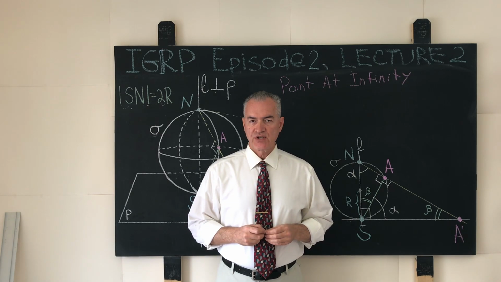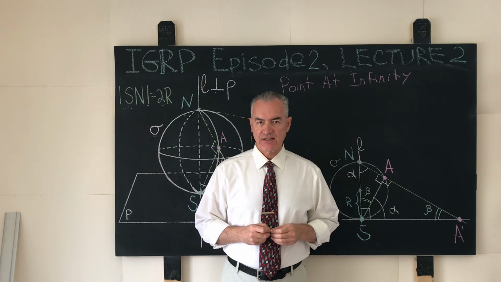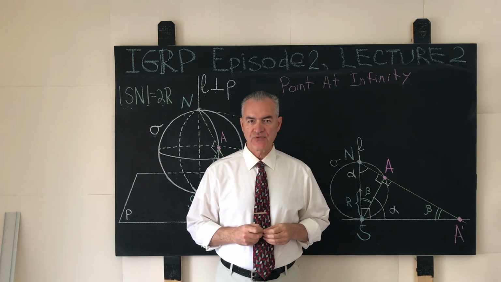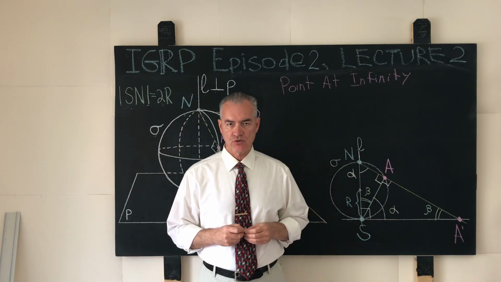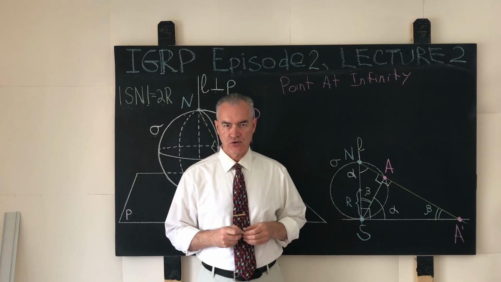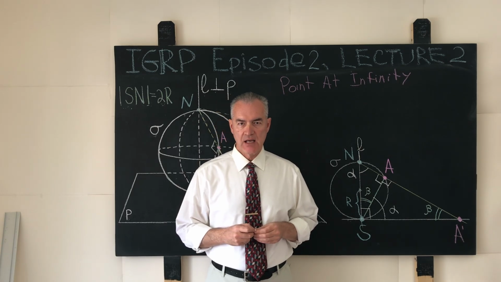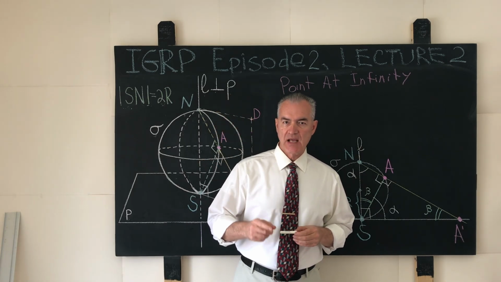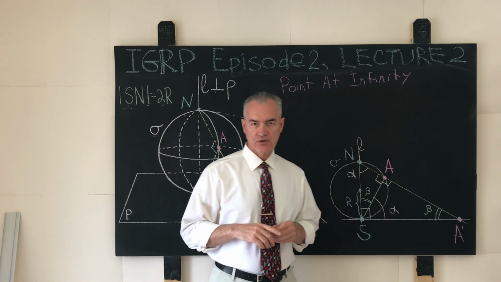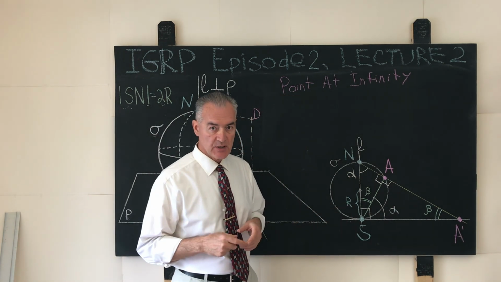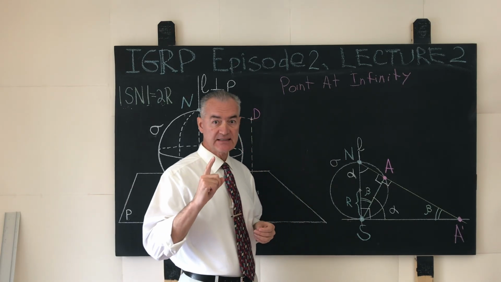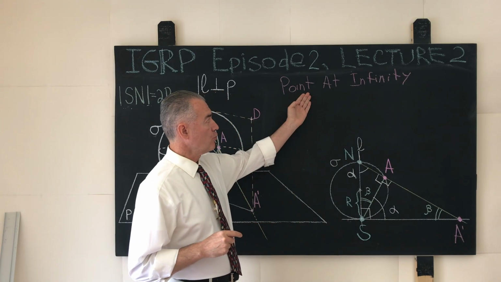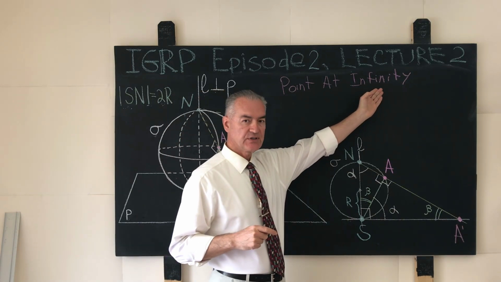In order to patch things up and extend the set of points on the Riemann sphere that do have a genuine image under the stereographic projection of that sphere onto the underlying plane, mathematicians introduce a single, and it is important to understand that in other scenarios there may be multiple such points, but in this case mathematicians introduce a single, what's called point at infinity.